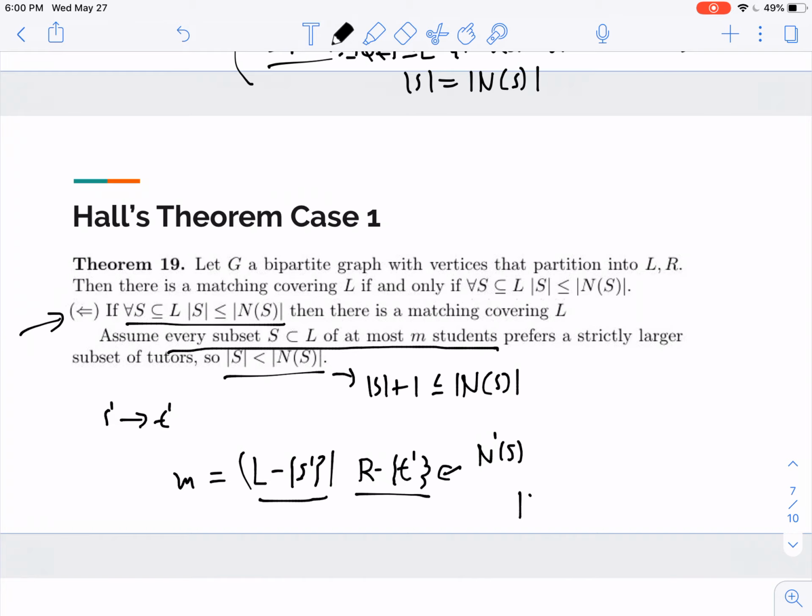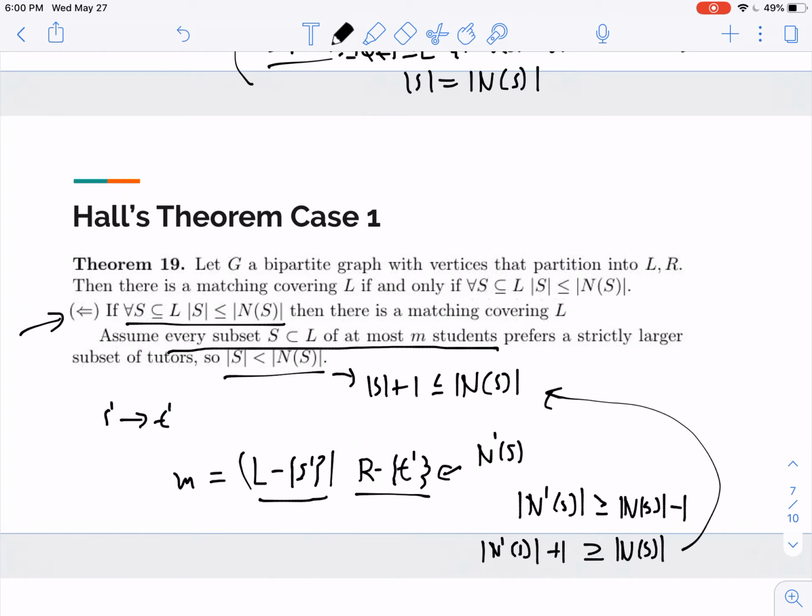So we can write n prime of S is greater than or equal to n of S minus 1. And just moving the 1 to the other side, we can write the number of tutors that are preferred out of the remaining tutors plus 1 is at least as many as the number of tutors that a group of students preferred initially.